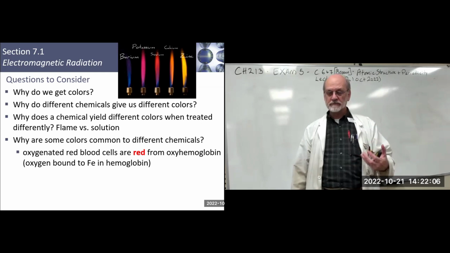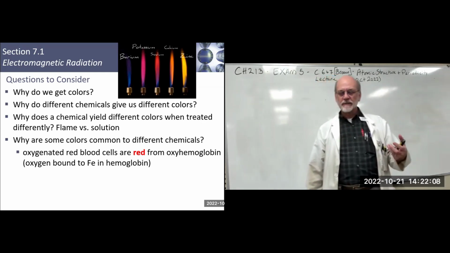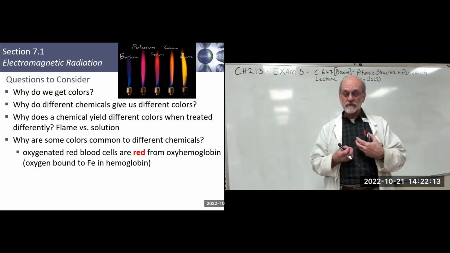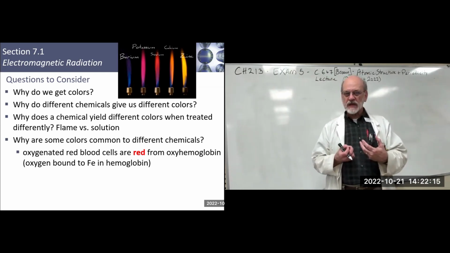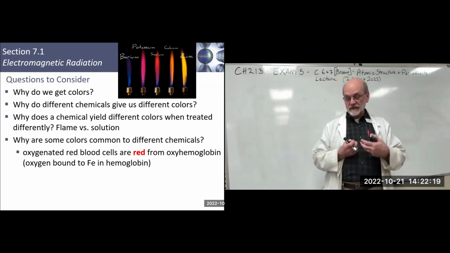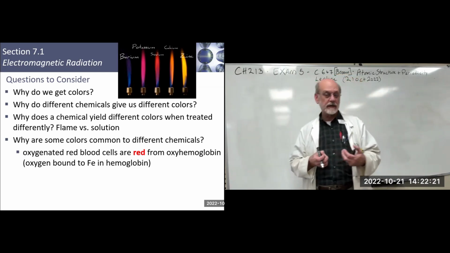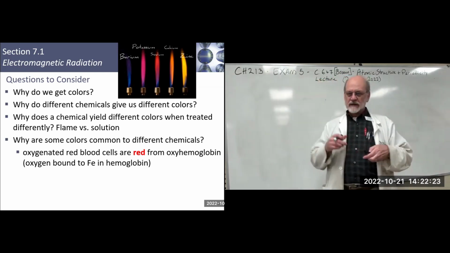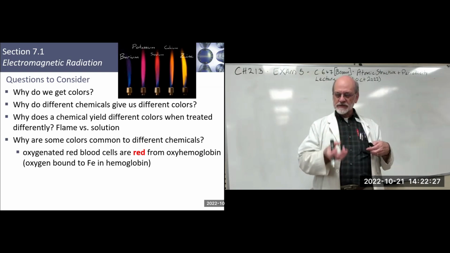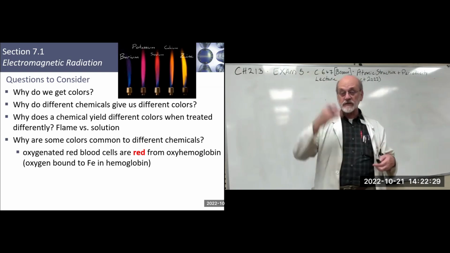It's kind of like rust. But if you extract blood from a vein, it's going to be a dull, maybe even purplish color, because it has less oxygen, almost no oxygen in it. So the color of the iron is different based upon its association with oxygen.